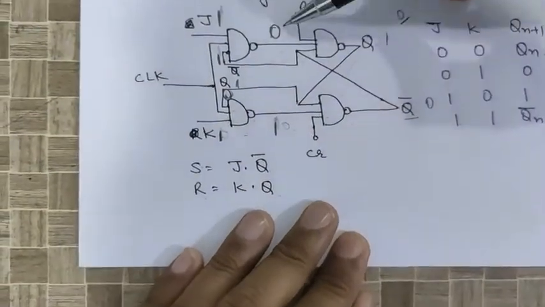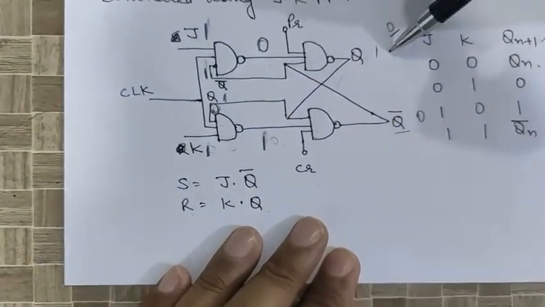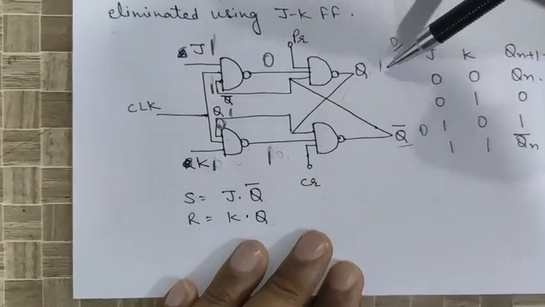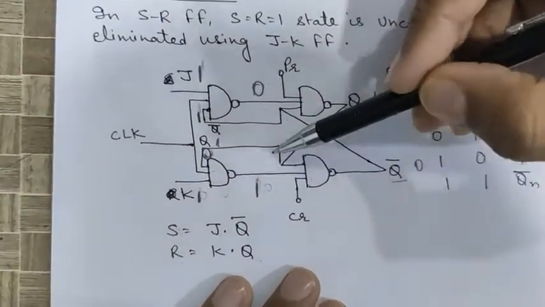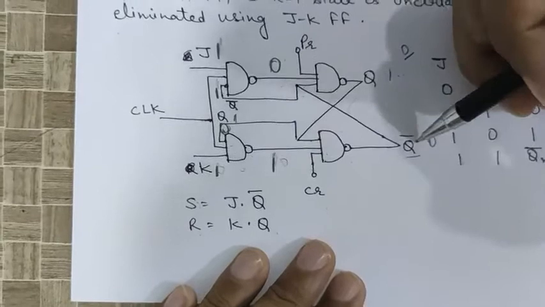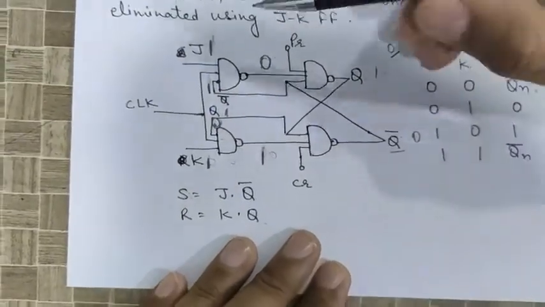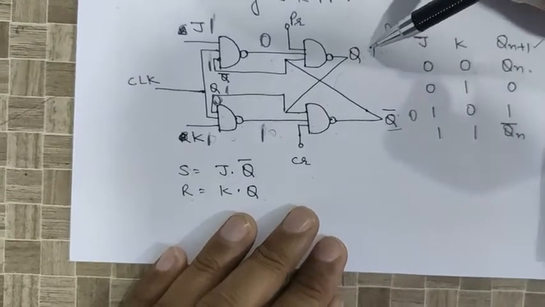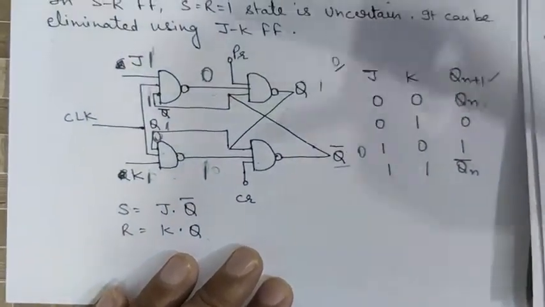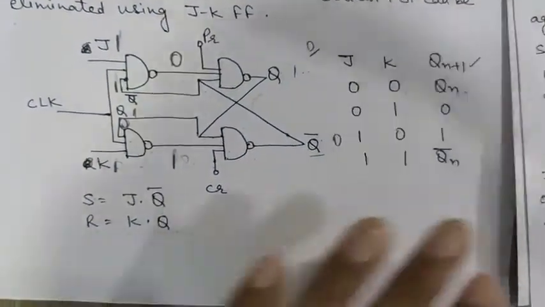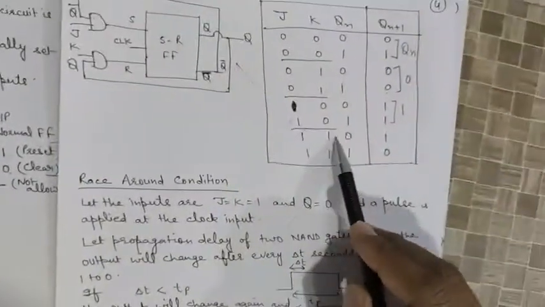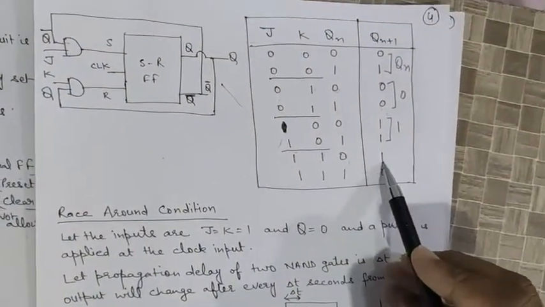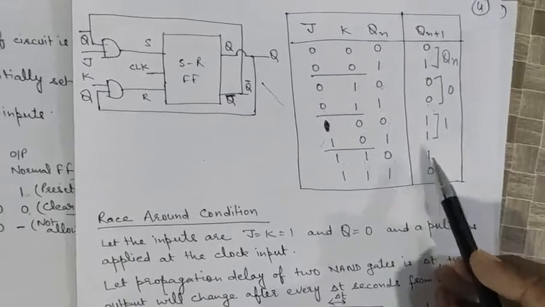Now as one of the inputs is 0, the output will be 1, and because this 1 will be moving here and all the three inputs will be 1, the output will be 0. So in this case, if I am getting the value of Q to be 0, present state output is 0, so in the next state I am getting a value of 1. So the inputs are 1 1, Qn is 0 and the output is 1, that is opposite of this.